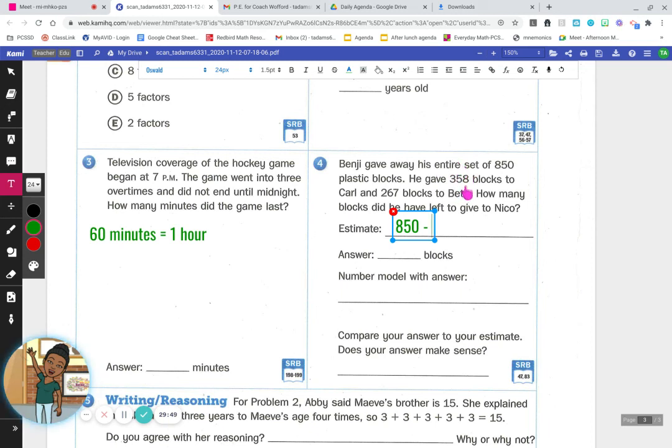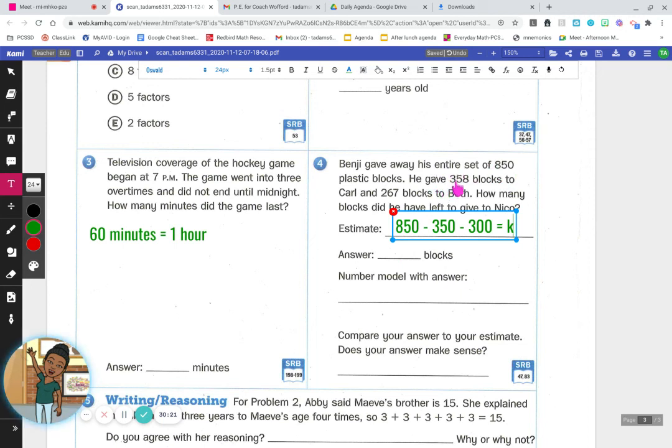First, you're going to put an estimate. Your estimate might look something like this: 850 minus, I'm going to estimate 358 to 350, minus 300. I'm just looking at close to estimation. What's 850 minus 350 minus 300?